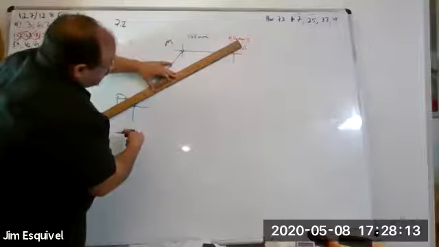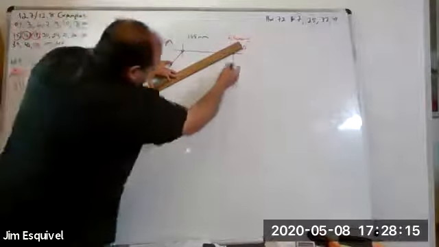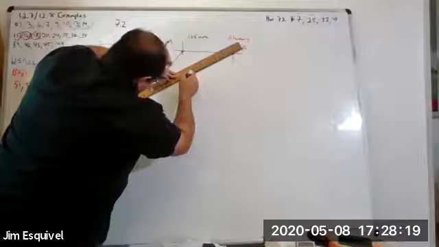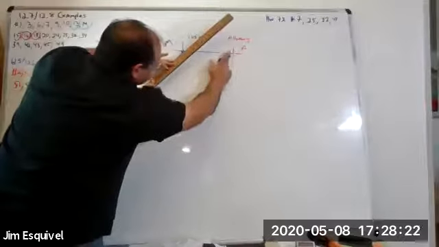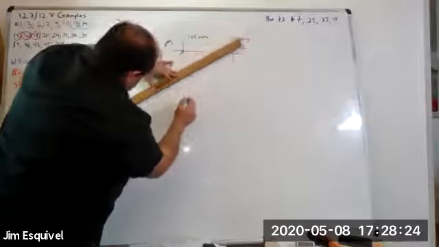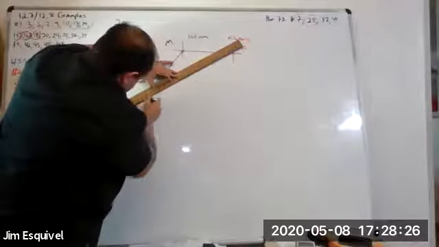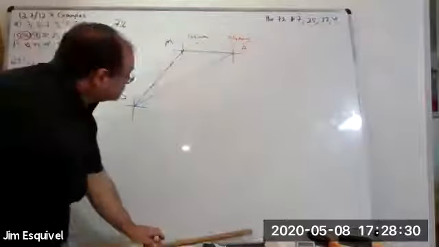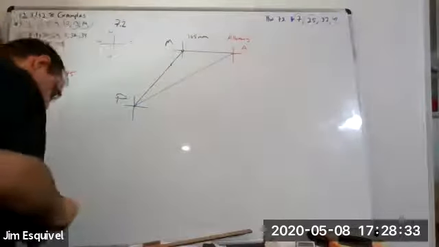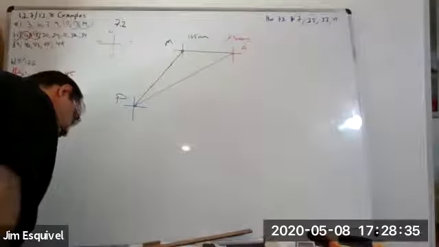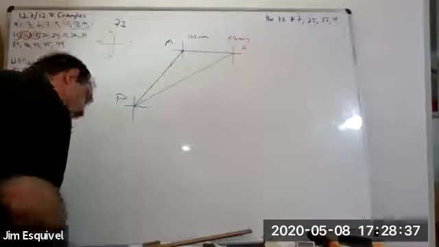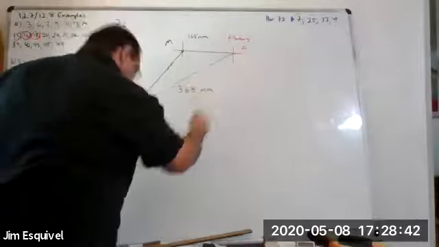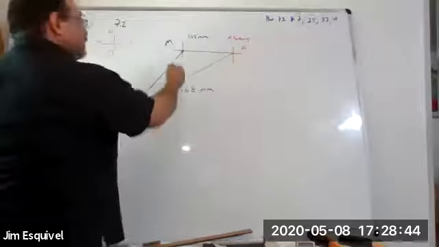But then here's Phoenix to Albany, completing your triangle. Having a straight edge makes a difference. Phoenix is 368 millimeters from Albany.